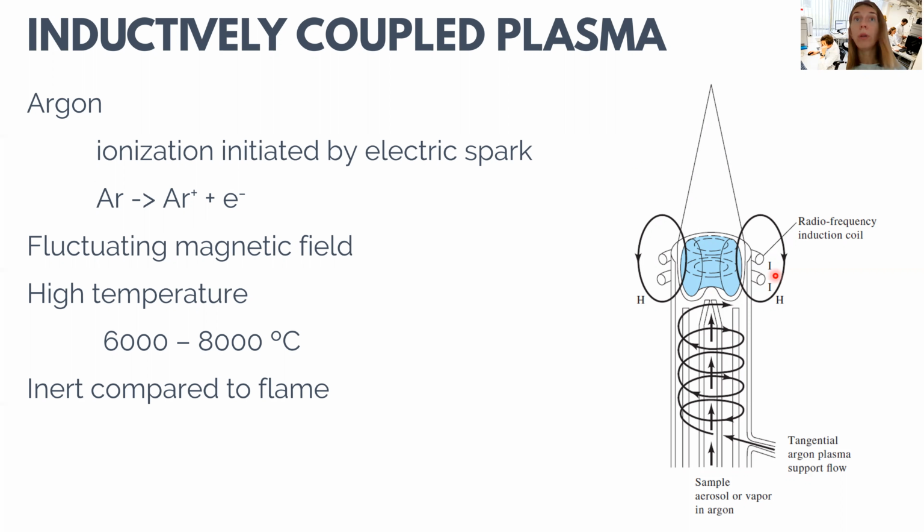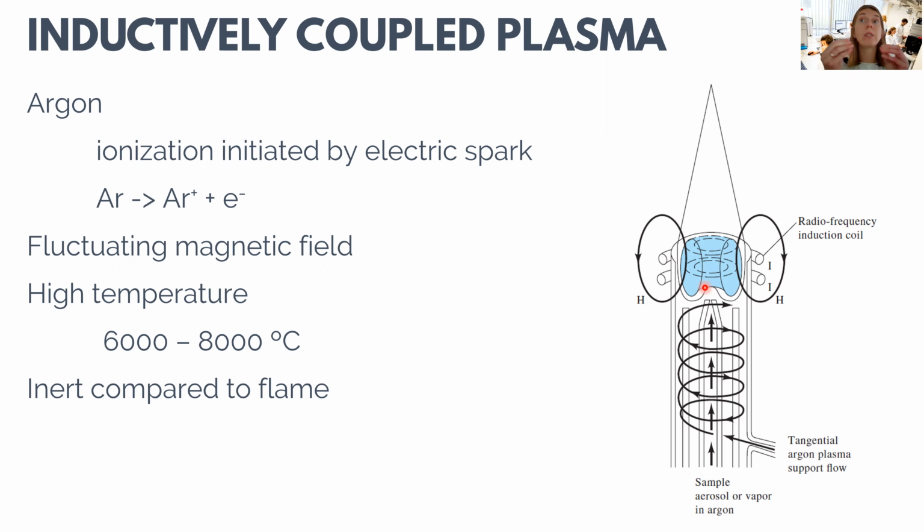Now these argon cations and electrons located here are in a field of fluctuating magnetic field. As a result, the argon cations and electrons start moving, and they try to resist this movement by, of course, colliding with other particles.